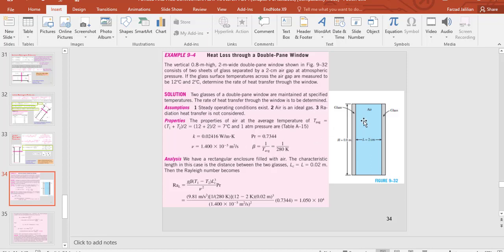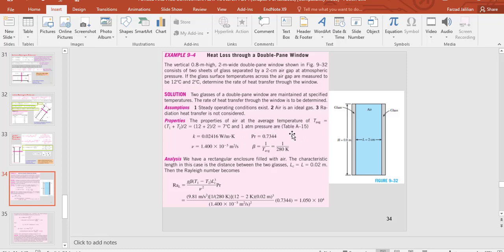Then first let's find the properties of the fluid, which is air. As I told you, since this is an enclosure, we should use T average to find the characteristics of the fluid. Here the fluid is air. T average is T1 plus T2 divided by 2, 12 and 2 divided by 2, 7 degrees Celsius, and the pressure is also mentioned, 1 atmosphere.